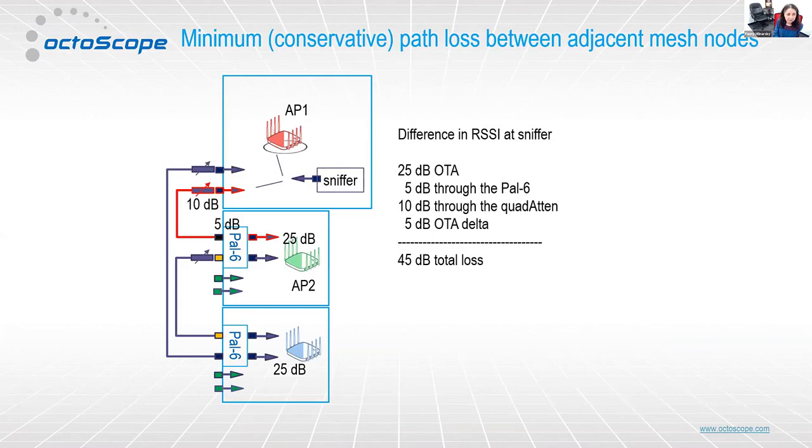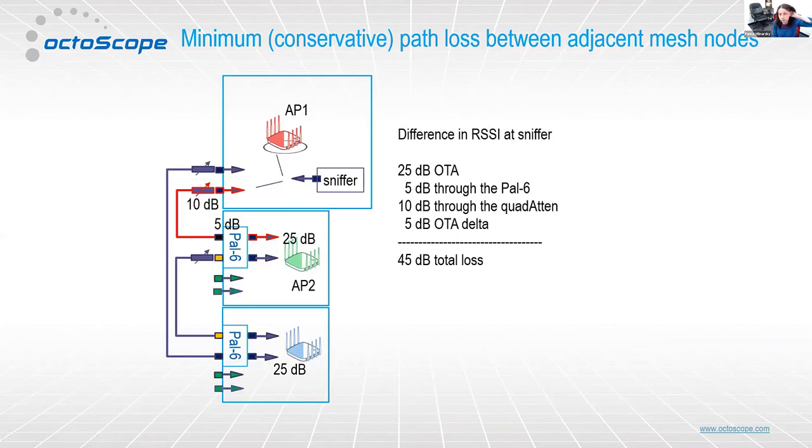In the local chamber where the sniffer is sitting, it hears AP1 at something like minus 21, 22 dBm, very strong. But it also hears this high gain antenna that is in red there, a slightly lower signal because those two are across the chamber on different walls. So we gave it a delta of 5 dB. That's a local delta for the sniffer.